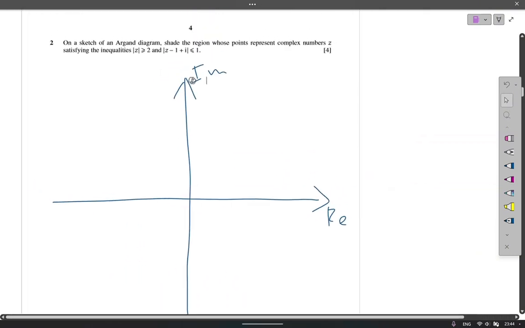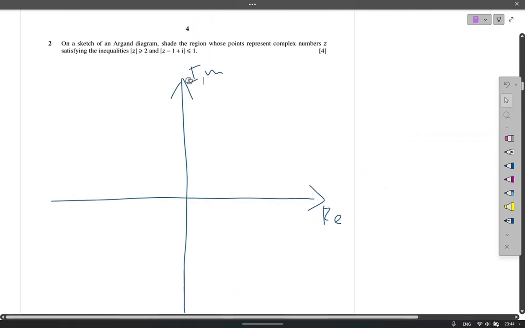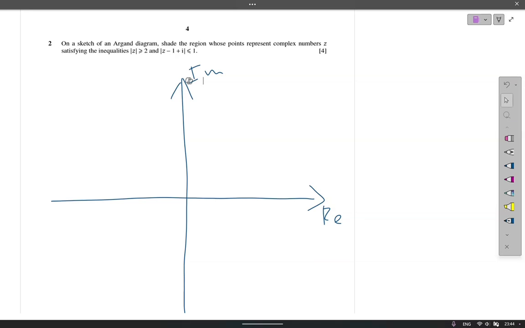And for this question, the maximum required space is just 2 from the origin, which means we can just draw this one as our diagram.